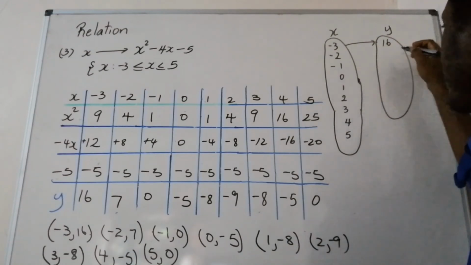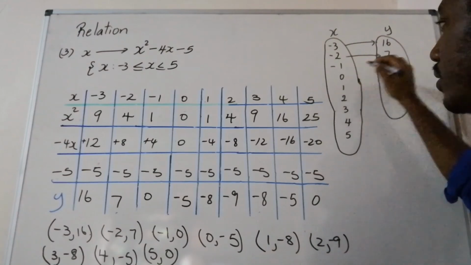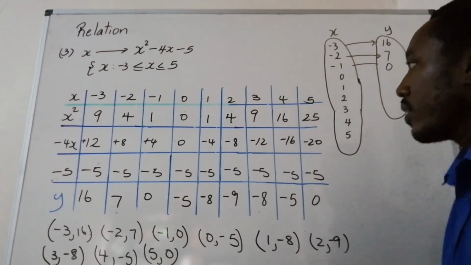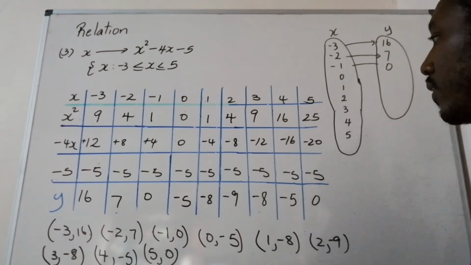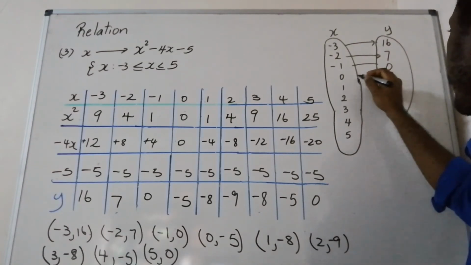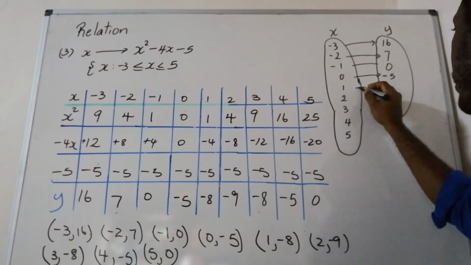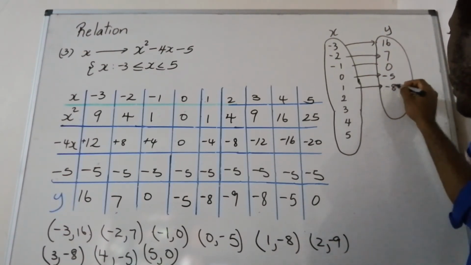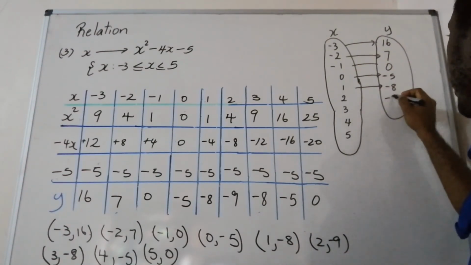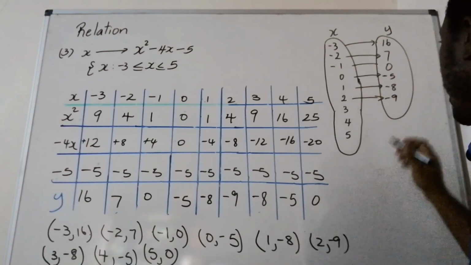Then negative 2, 7. Negative 1, 0. Then we have 0, negative 5. 1, negative 8. 2, negative 9.